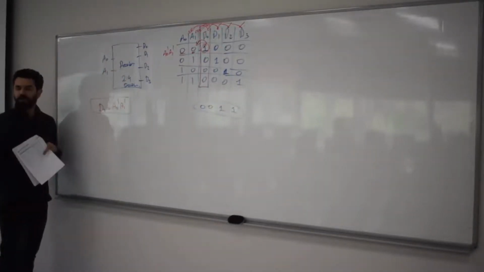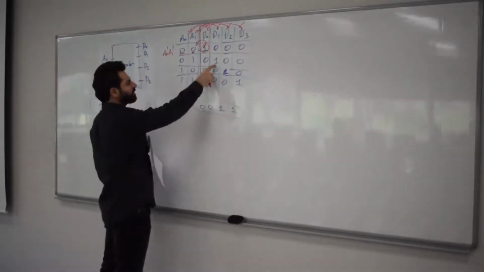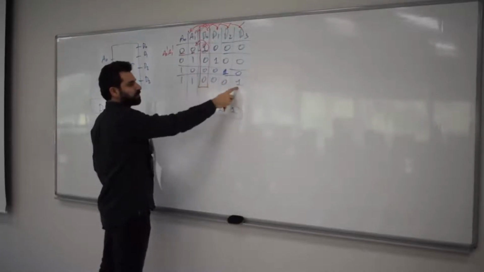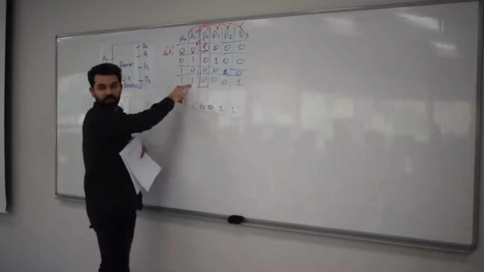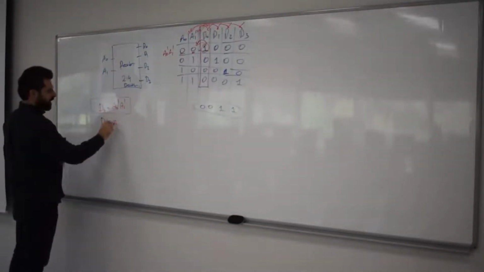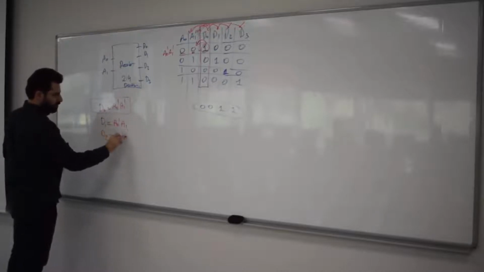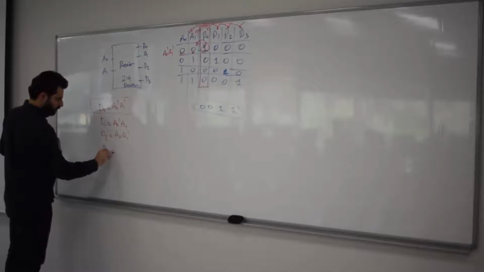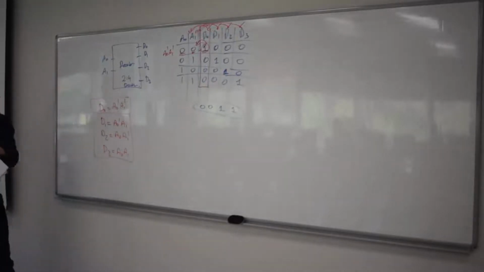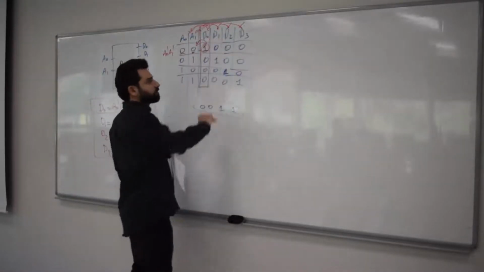But it's very simple because each one of them corresponds to a single min term. So D0 equals A0 prime A1 prime, D1 equals A0 prime A1, D2 equals A0 A1 prime, and D3 equals A0 A1. These are the corresponding min terms for each one of these outputs.